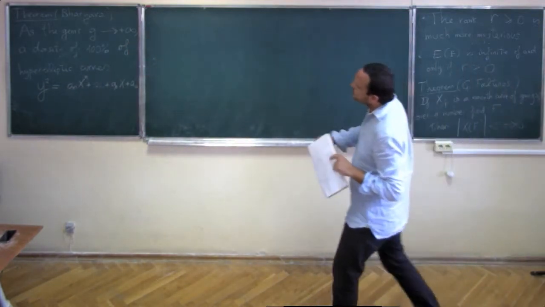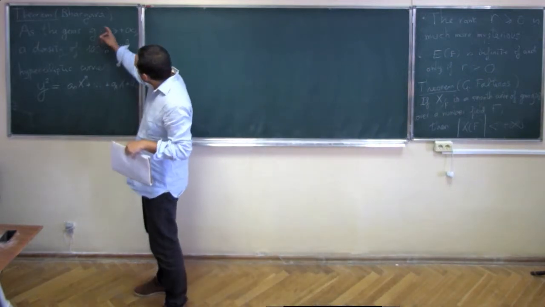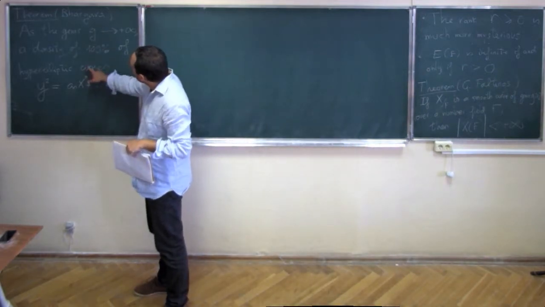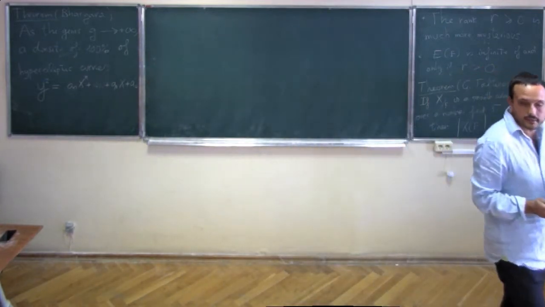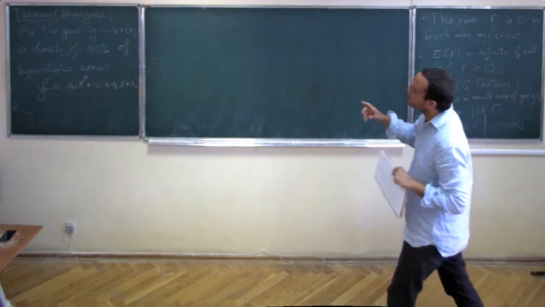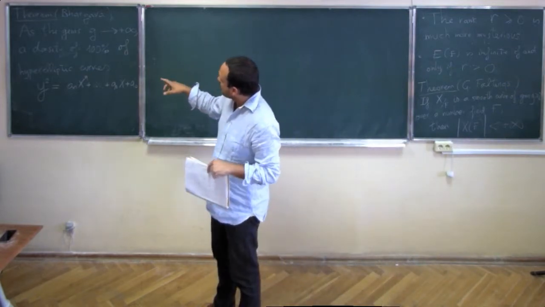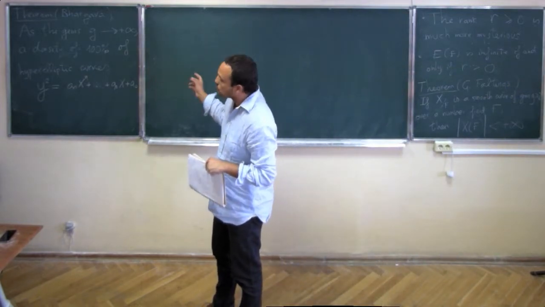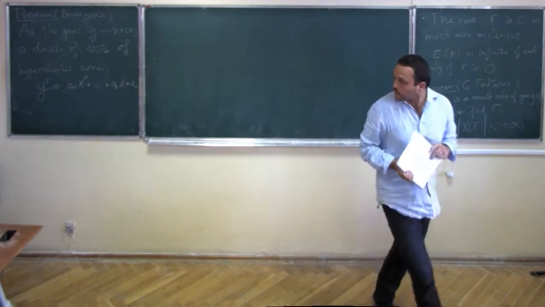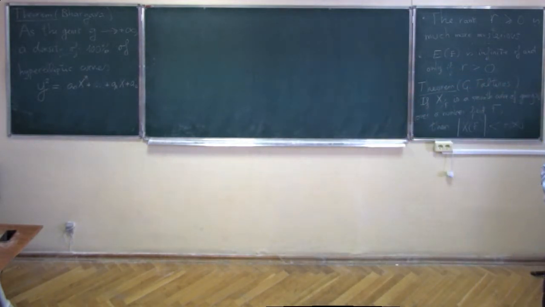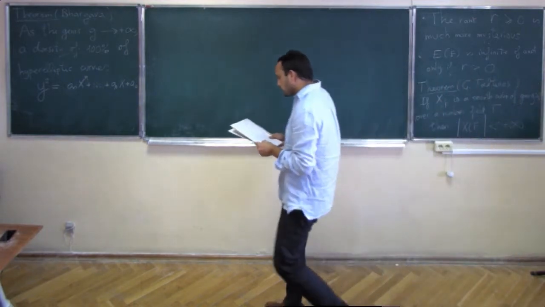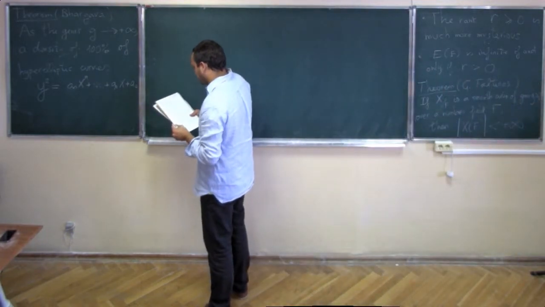The relation between the degree n and the genus g is very simple, a linear relation. It's roughly that the genus g is (n minus 1) times (n minus 2) divided by 2, something like this. So when g grows, the degree also grows. Okay, and the theorem says the following.